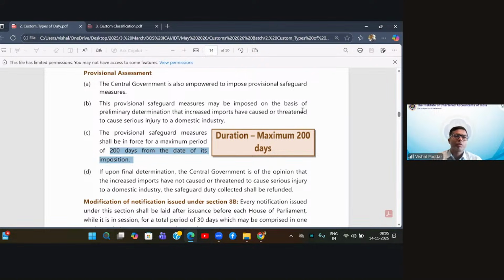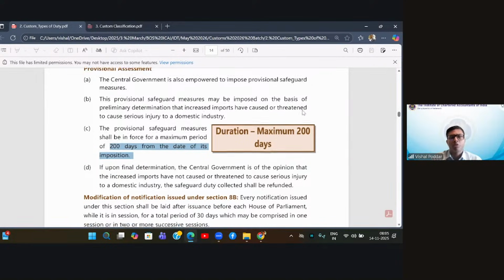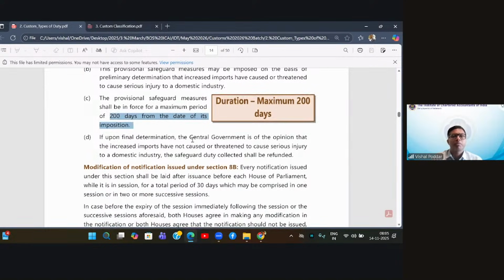That is, the government should conclude within the next 200 days whether or not it wishes to levy and impose this safeguard duty. If upon final determination the government is of the opinion that the increased imports have caused or threatened to cause injury, the safeguard duty will continue. But if it is proven that it has not caused injury, then the safeguard duty, whatever you collected, since it was provisional, you will return it back.